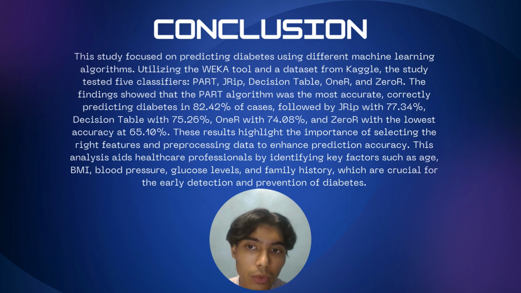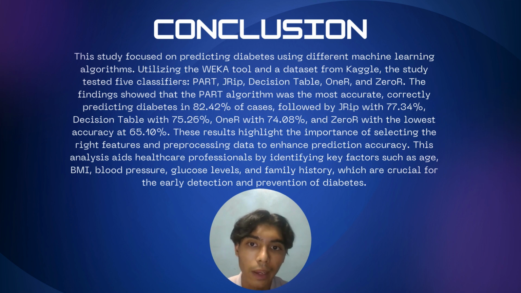The findings show that the PART algorithm was the most accurate, correctly predicting diabetes in 82.42% of cases, followed by JRip with 77.34%, decision table with 75.26%, 1R with 74.08%, and 0R with the lowest accuracy at 65.10%.